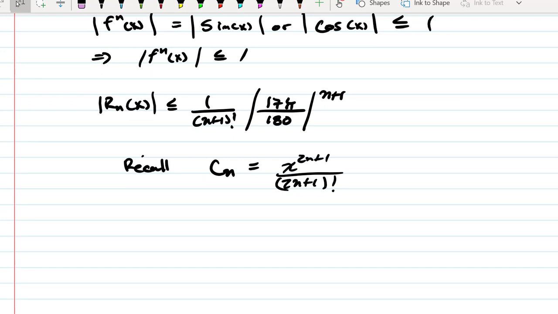So we can then replace our n with 2n plus 1.